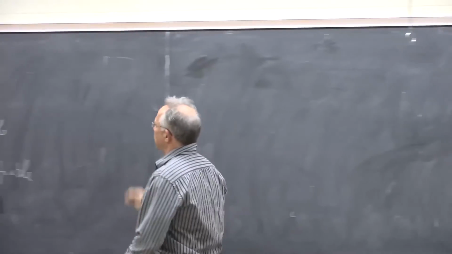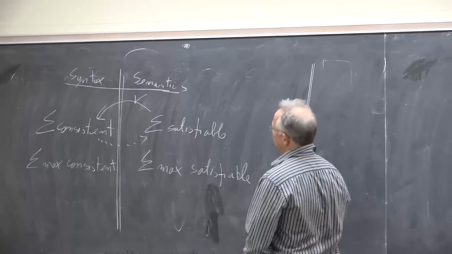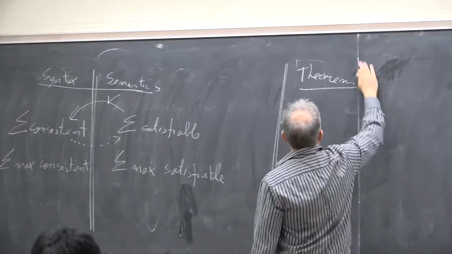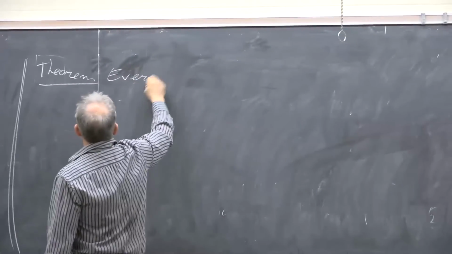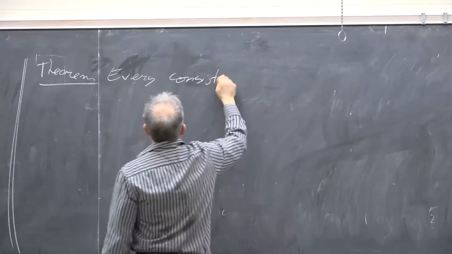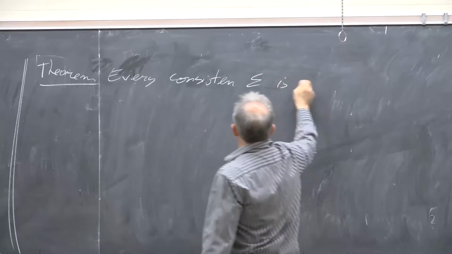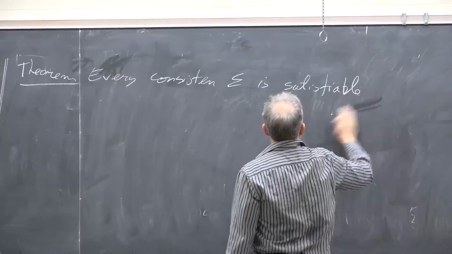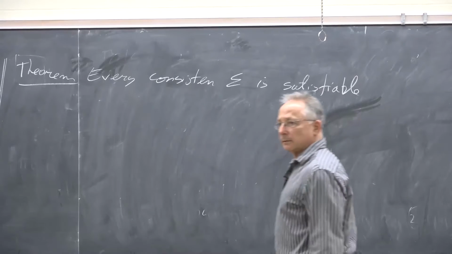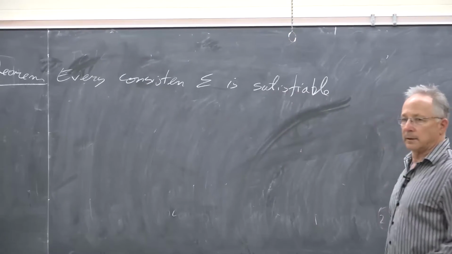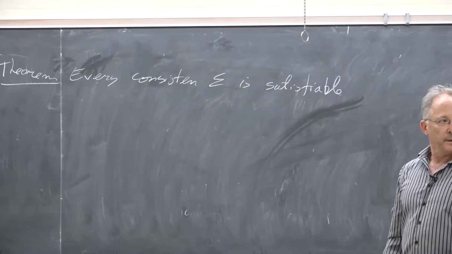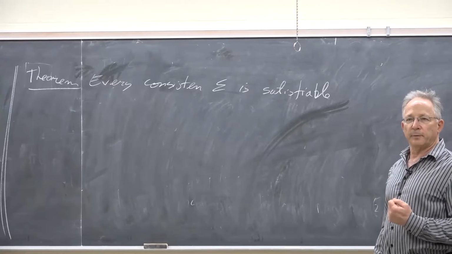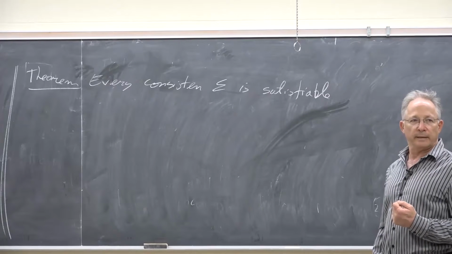So I have a nice syntax semantics theorem. Every consistent sigma is satisfiable. Now, initially, it looks like something hard to attack.